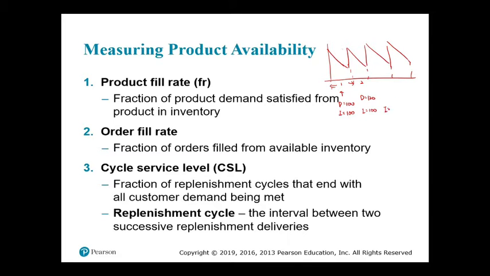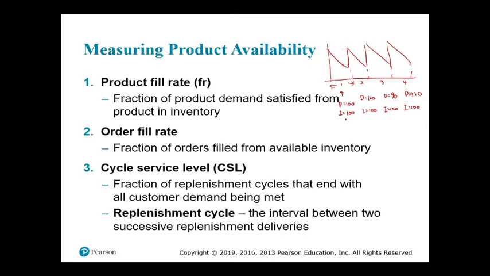Let's hold starting inventory at 100 in all cycles. For cycle 3, our demand is say 90, and for cycle 4, demand is 110. Cycle service level looks at what percentage of these order cycles I run out of inventory, or have sufficient inventory.